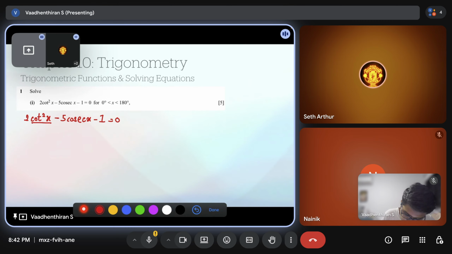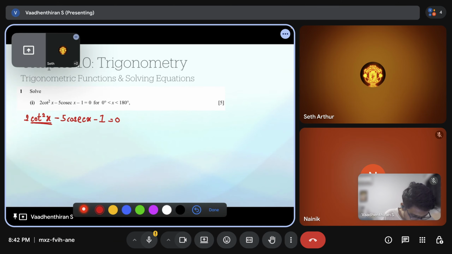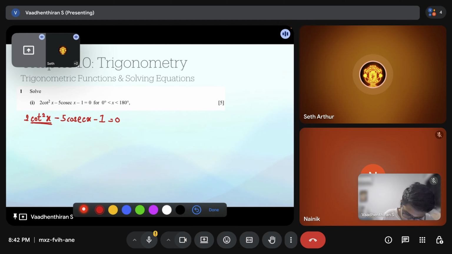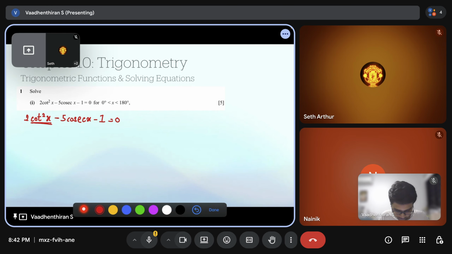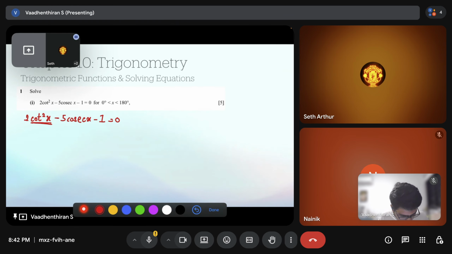So basically, you convert this cot squared x into cosecant squared x minus 1, using the identity, and then you can do the quadratic. Understood?